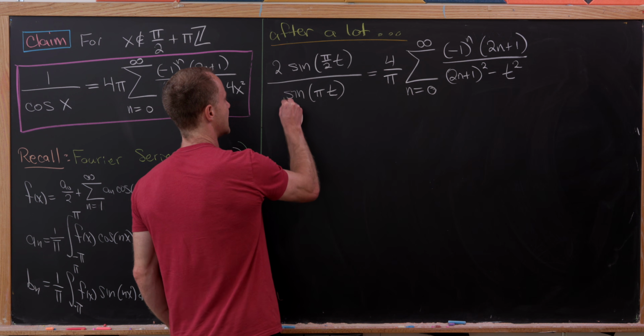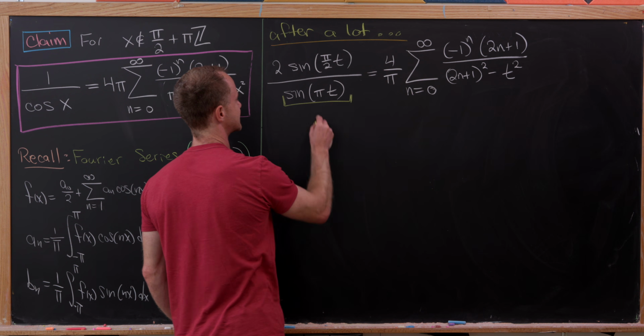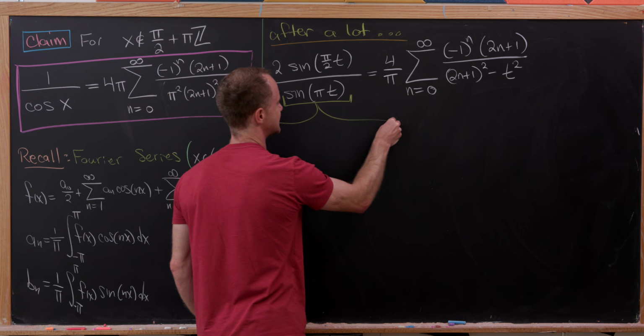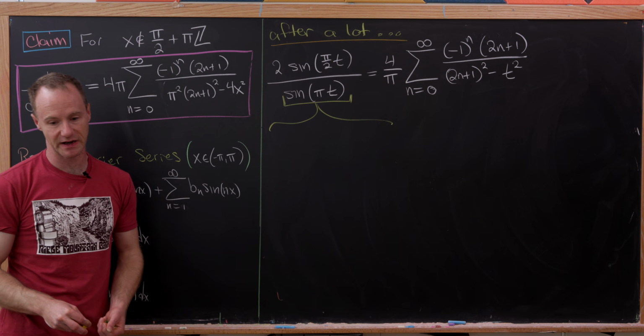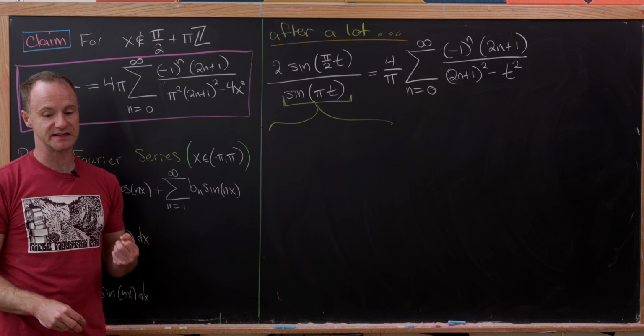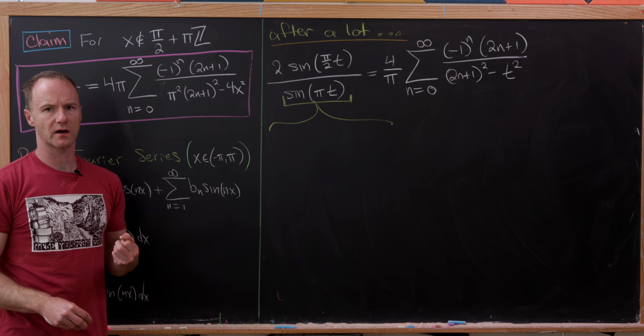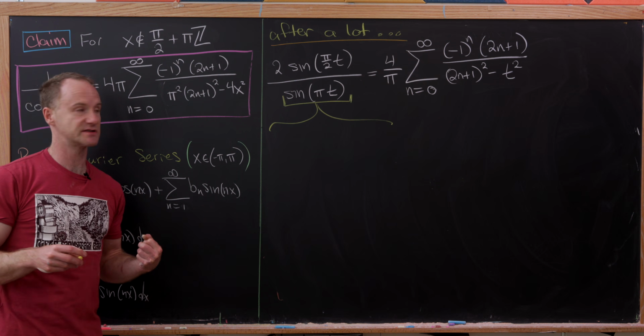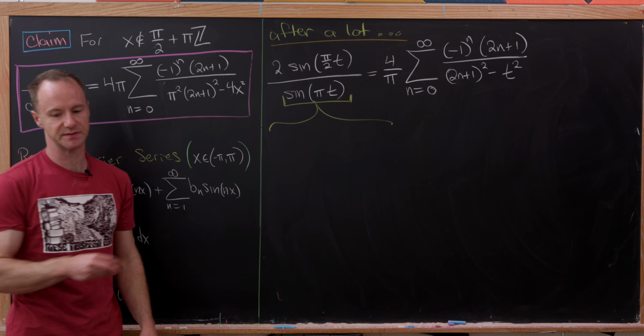Okay, so next up, we're going to take this sine of pi times t term that's in the denominator and rewrite it using the double angle formula, where the angle that we are doubling is this pi over 2 times t.